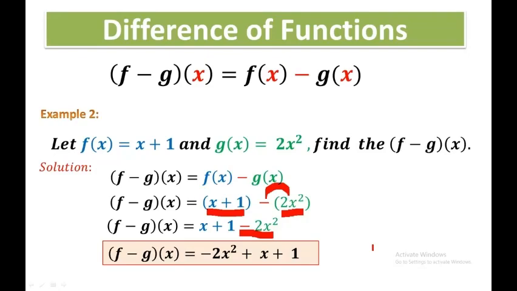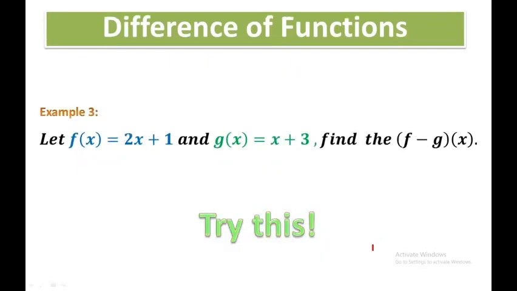Okay? So try this. Example number 3. This is now your problem, an example that you need to solve. Let f of x, this is now the given, be equivalent to 2x plus 1 and g of x be equivalent to x plus 3.